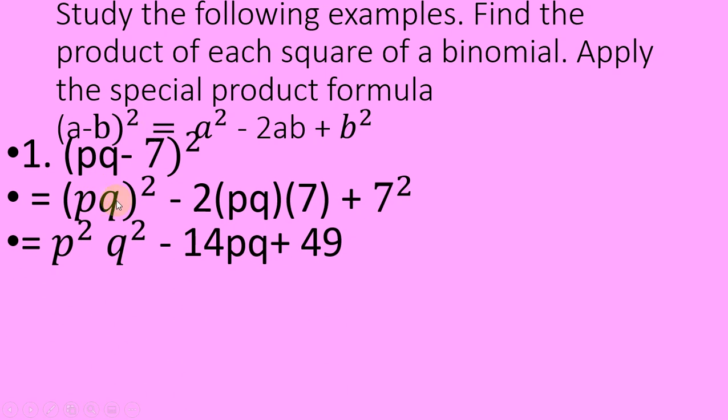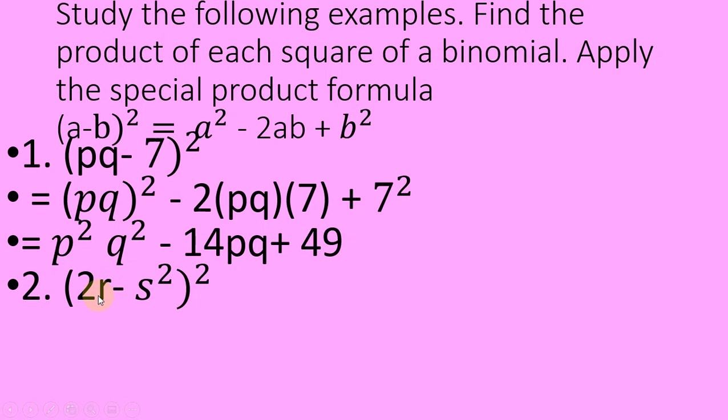So squaring pq, we have p squared q squared. Copy the sign of the middle term, which is negative. And then 2 times 7, we have 14pq. Then square the last term, 7 times 7, which is 49. So the answer is p squared q squared minus 14pq plus 49.